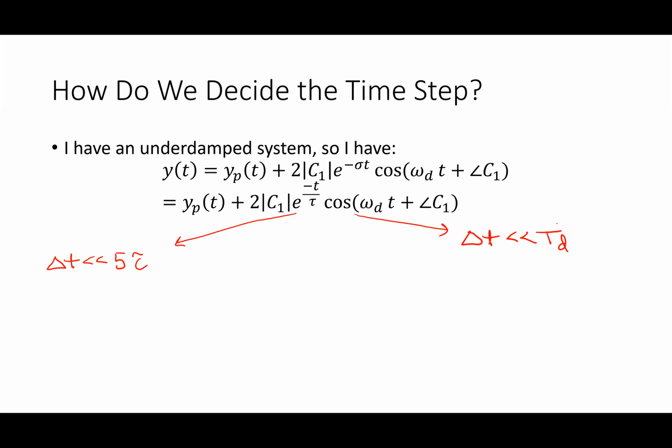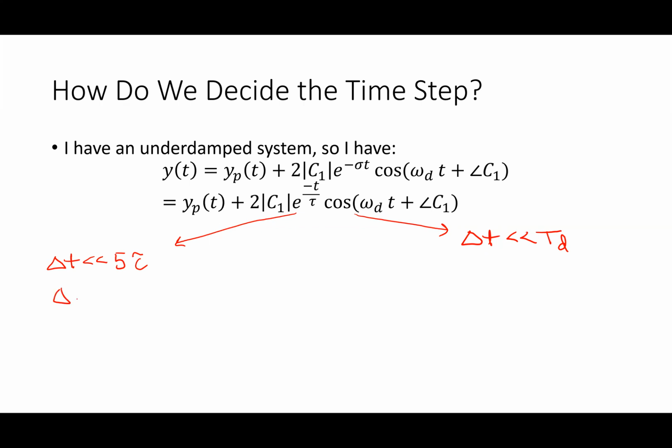So I have two constraints, and I need to make sure that I satisfy both of them. I need my delta t to be much, much less than 5 tau so that I see the full features of that decaying exponential. And I need to choose my time step to be much, much less than the period so I see the full details of a single period. So we put the numbers in.